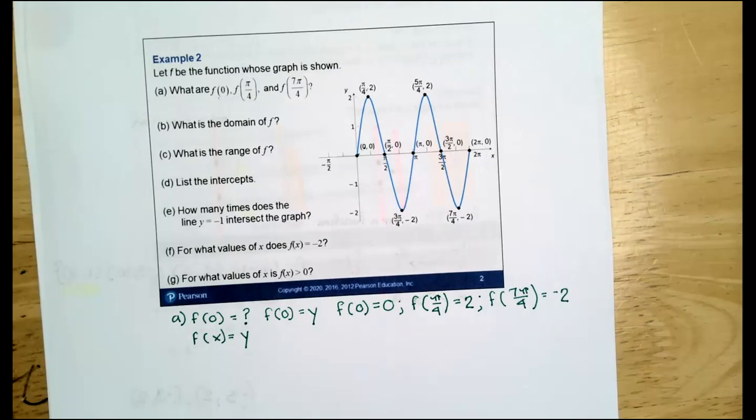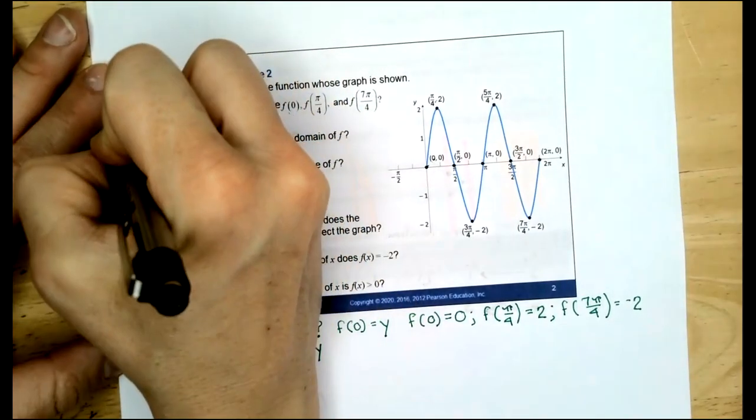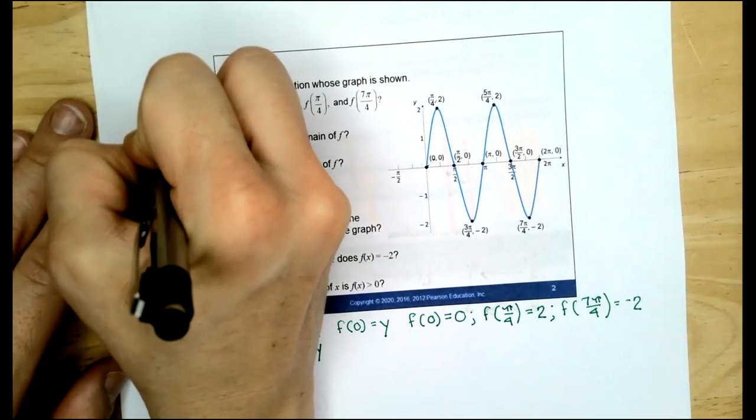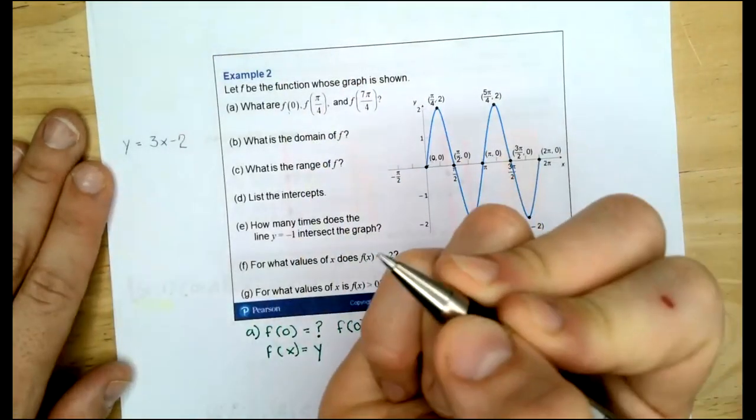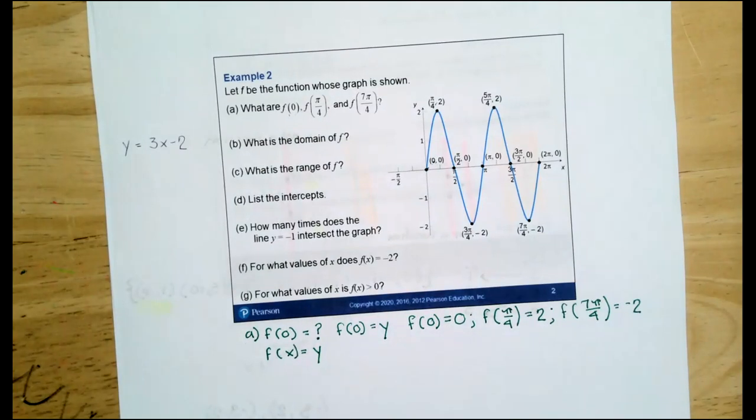Okay, so just to clarify a bit more about a function, right? If you had the equation, for example, y equals 3x minus 2, and we decided it was a function, we could change it to f of x equals 3x minus 2, right? But how do you know whether or not it's a function? You know it's a function because it only outputs one specific value for each input.